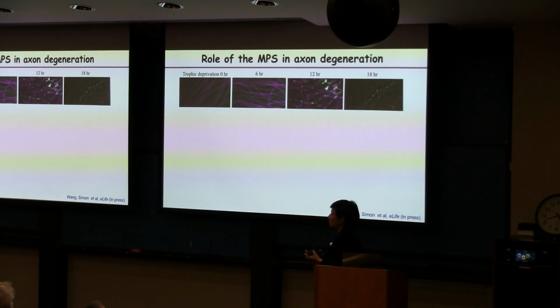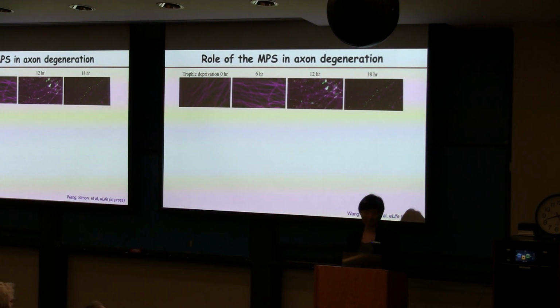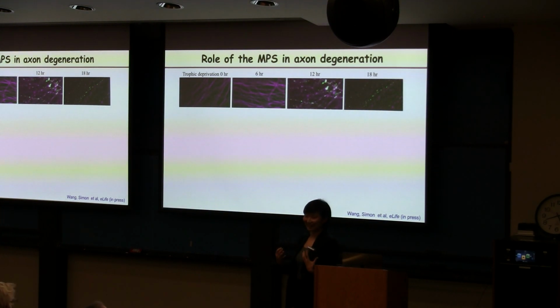And it's really a long story that I won't have time to go through all the details, but just to give you the final conclusion, let me first back off a little bit on axon degeneration. Axon degeneration is a phenomenon that is both part of healthy neuronal development and implicated in diseases.